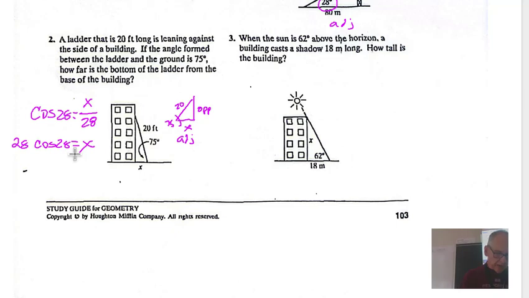The calculator's got all these tables built into it, so we can just do 28 times cosine 28, as long as your calculator is set up for degrees. If you're using a TI-84 calculator in a class, go to your mode key and make sure that it's set up for degrees and not radians. Radians are a different measurement system that's going to give you the wrong answer. So you want to make sure it's set up for degrees.